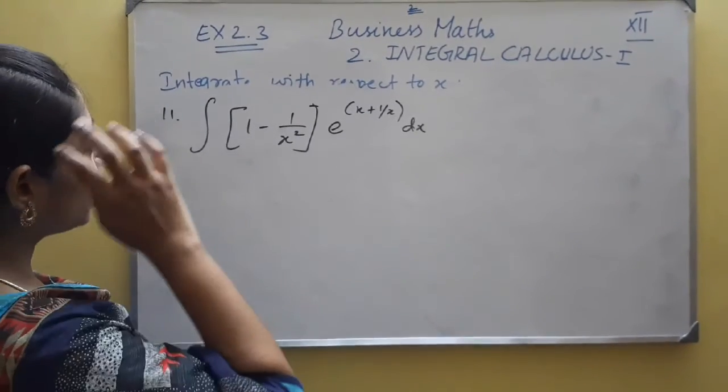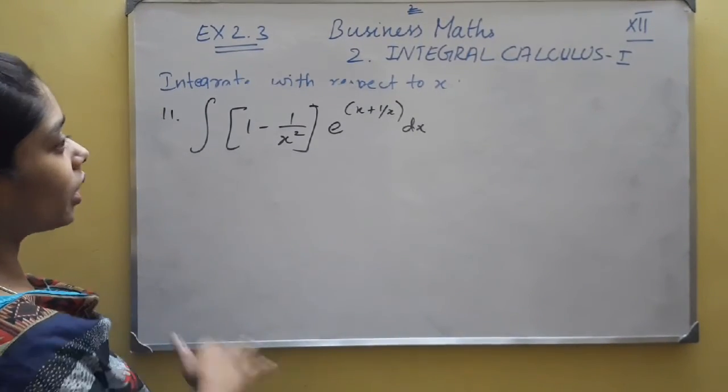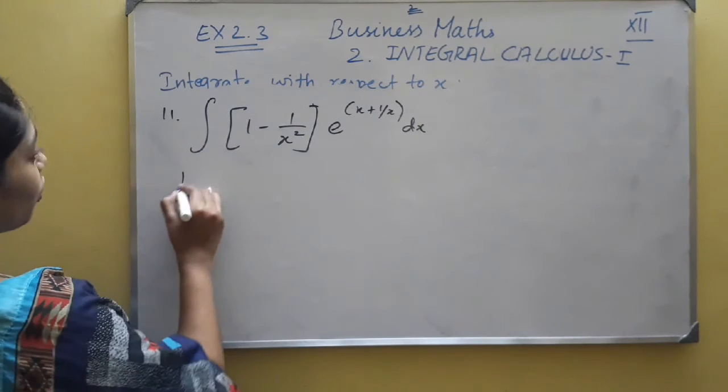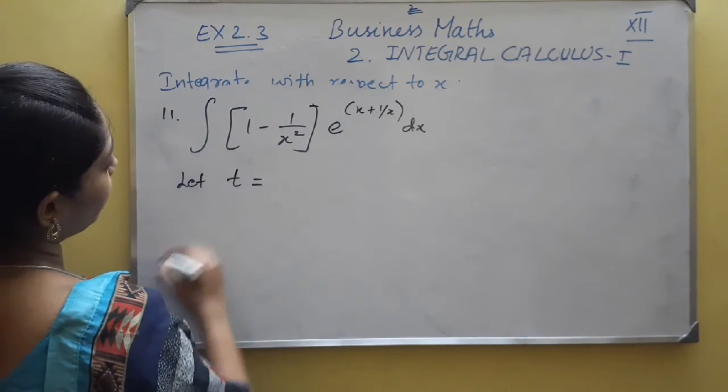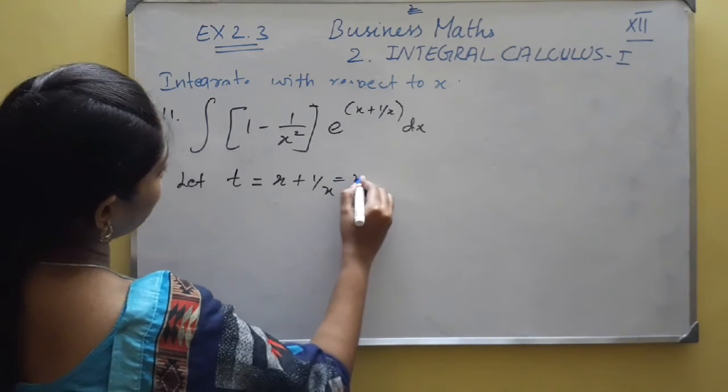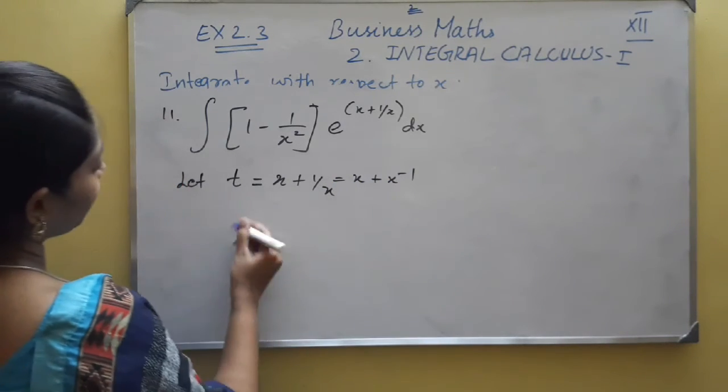Now you want to find the integration of (1 minus 1 by x squared) into e^(x + 1/x) dx. I am going to let t equal to x plus 1 by x. So t is actually x plus x^(−1).